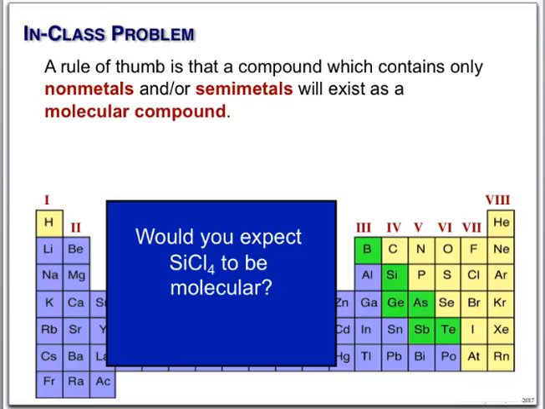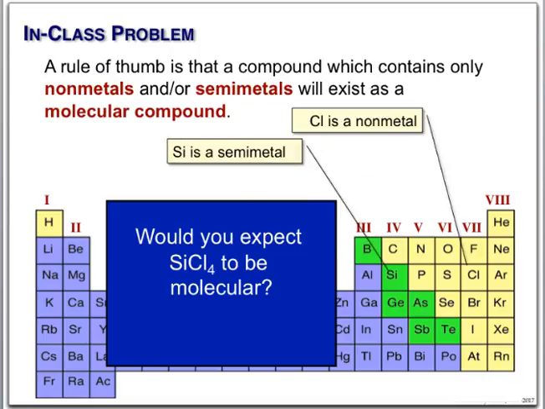Silicon is a semimetal. Chlorine is a nonmetal. Put the two together, it's a molecular compound. See how simple this can be? So if you were to draw a Lewis structure for silicon tetrachloride, you would know that you have 4 covalent bonds here.